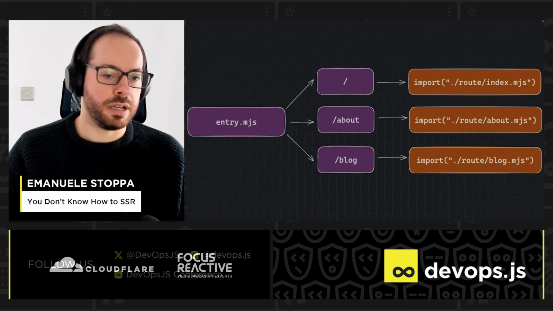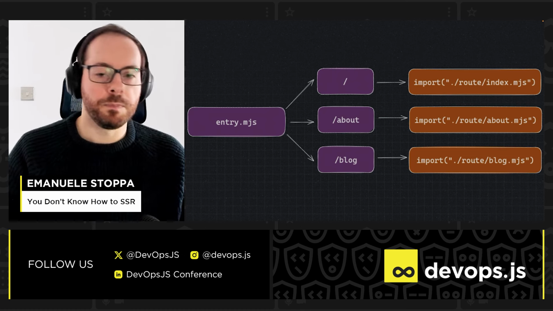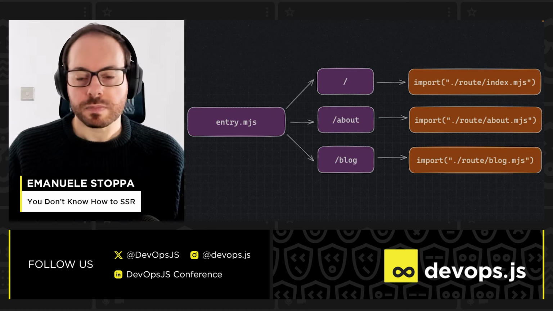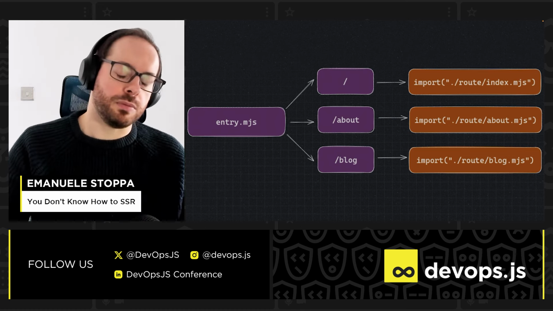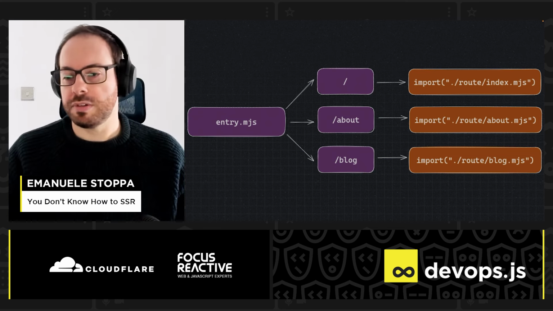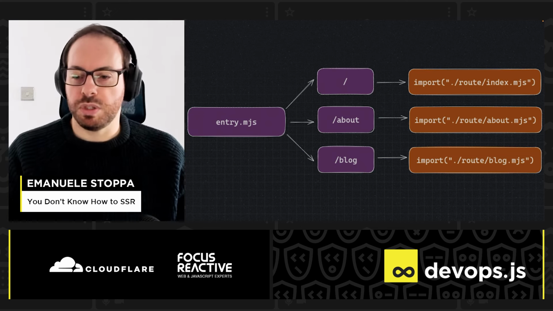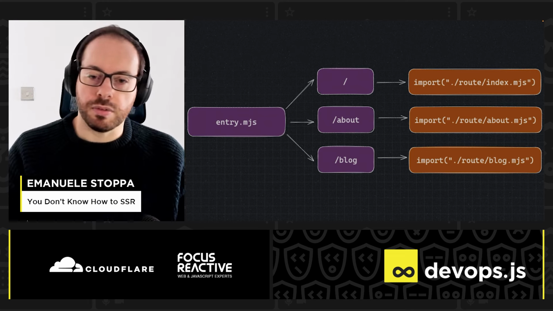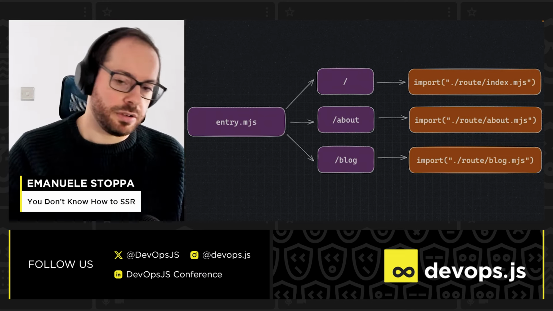We have just one single file that handles all your routes. When the client requests one route, we dynamically import the artifact that belongs to that page and return its response.